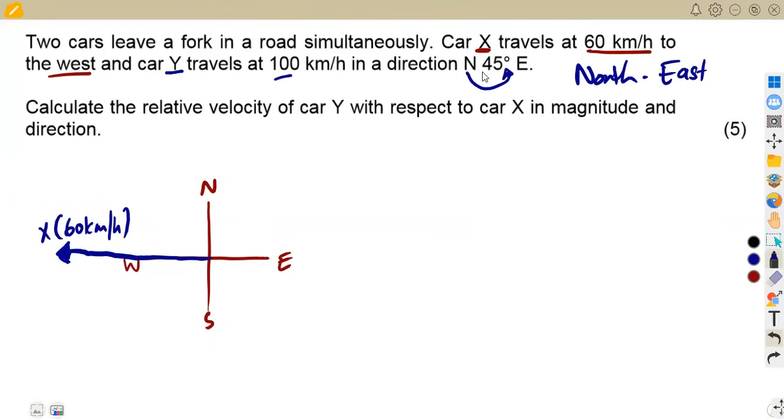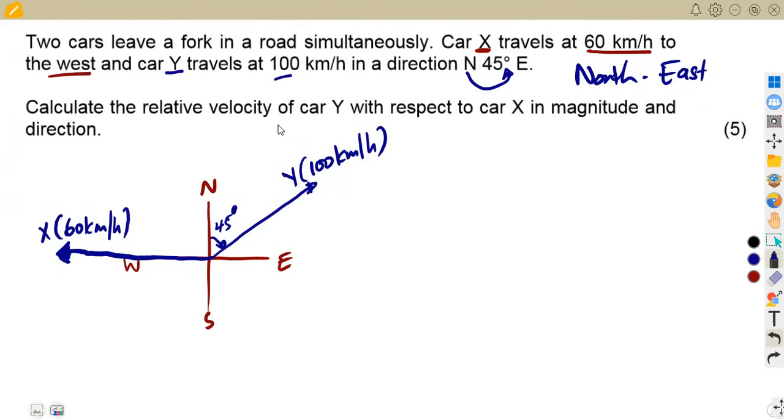They're just writing the northeast direction as north 45 degrees. In this case they gave us the angle, which is an advantage for someone who might have forgotten the angle for northeast. So this is 45 degrees. That's Y in this case, vehicle Y at 100 kilometers per hour.